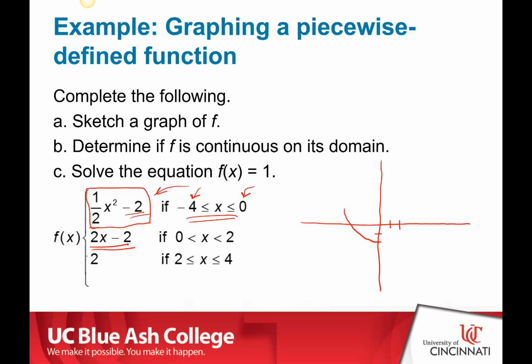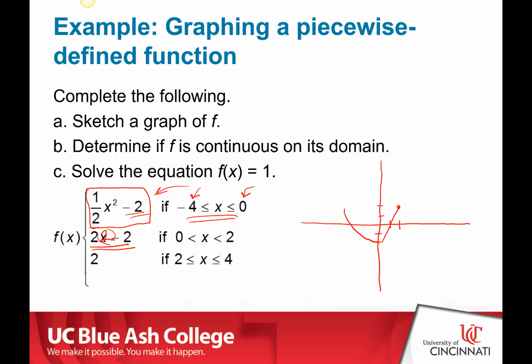Okay? And it's only going to extend over to the value 2. Now what I did was I plugged in 2, so I get 2 times 2 minus 2. I'm going to draw a line that ends there.